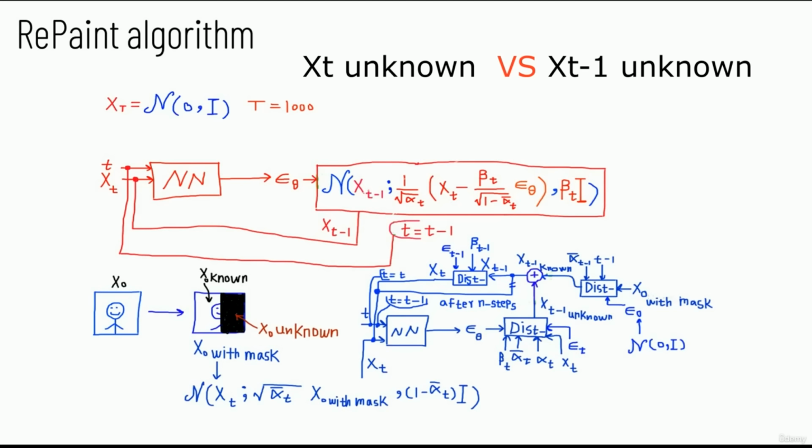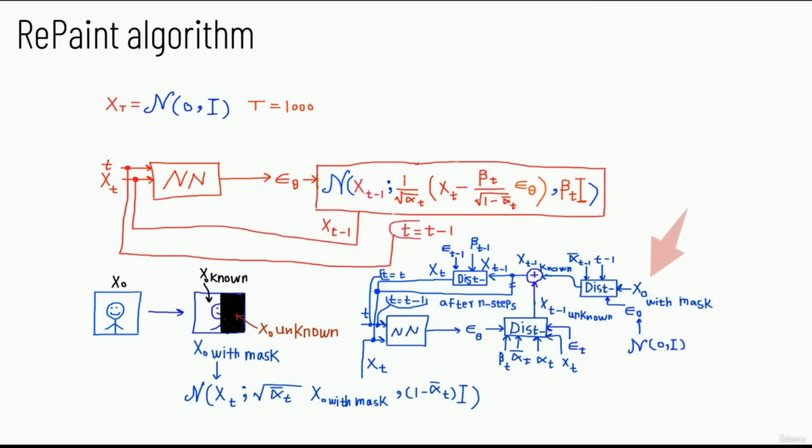So now we can say that the unknown part of xt minus 1 variable is better than the unknown part of xt variable. And as you know, we have x0 with mask, which is this image here.